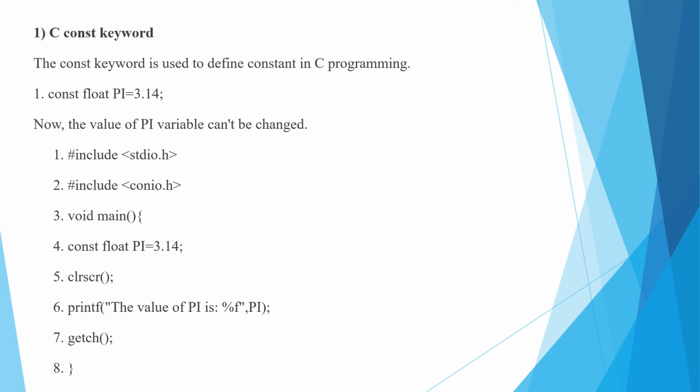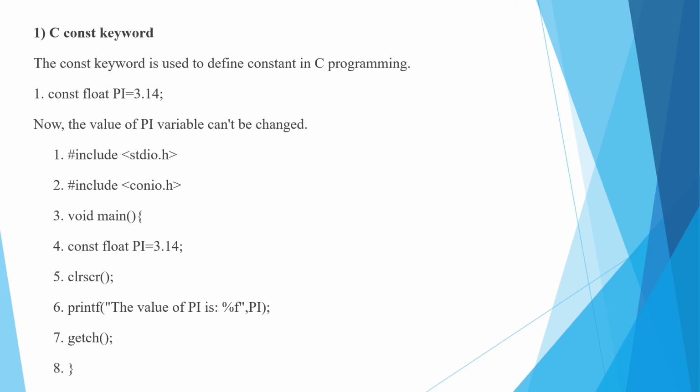Void main: every C and C++ program execution starts with the main function. Then the opening curly bracket. The next statement is const float pi = 3.14. Const is a keyword, float is a data type, and pi is a constant equal to 3.14.